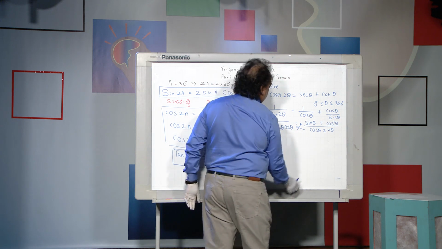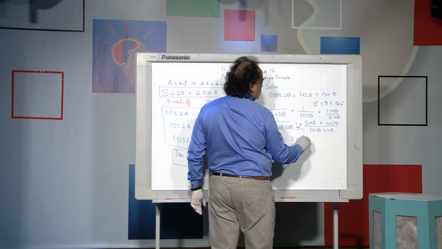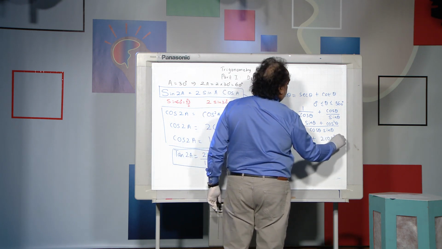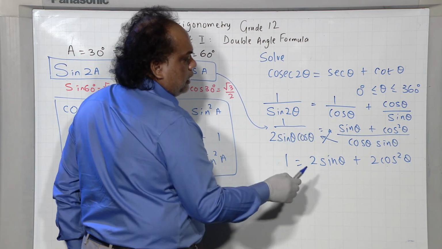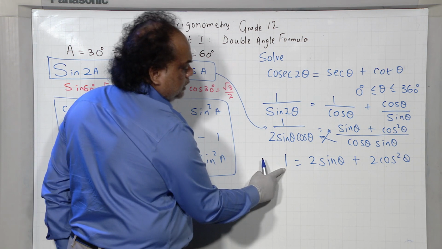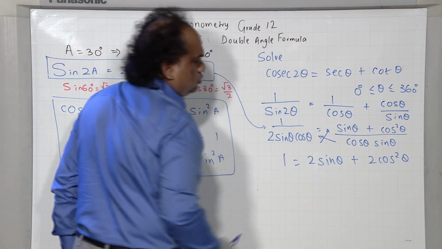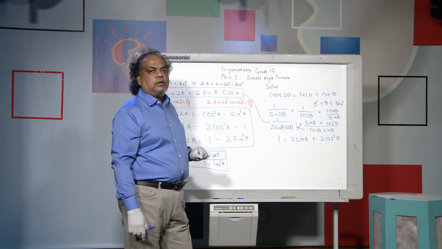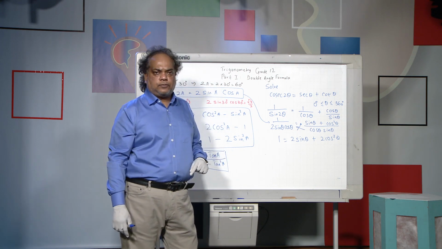Let's simplify. When we simplify, what do we get? We get 1 equal to 2 sine theta plus 2 cos squared theta. Of course, I've sent the 2 to the right-hand side. Now, I have an equation here that contains sine and cos. We would like to have an equation in only one trigonometric function.